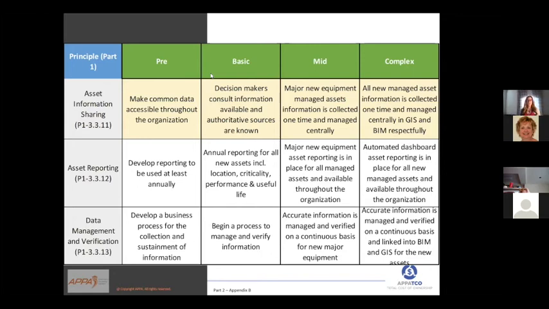All right, so we also have asset reporting and our complex level on that. Obviously, it's just generating those reports, but our complex level of that is having an automated dashboard where we get triggers about systems that are maybe not operating the way that we would like.